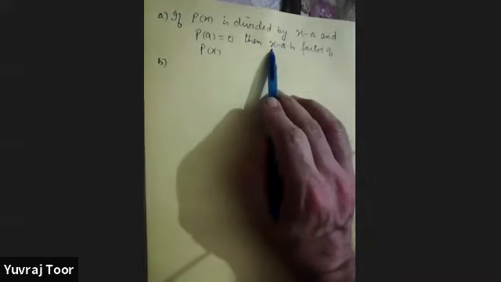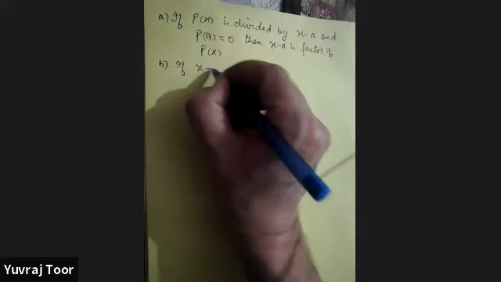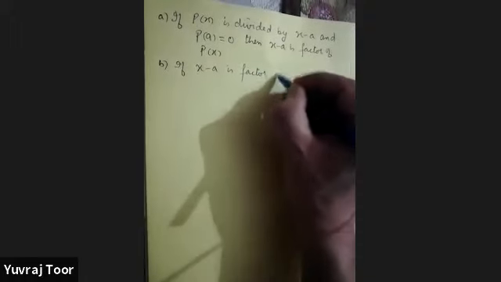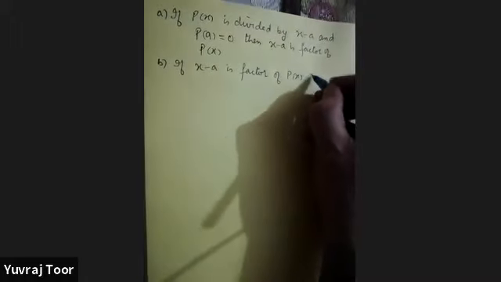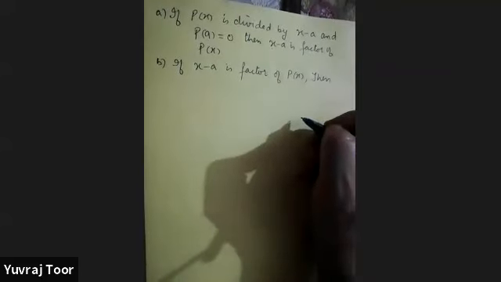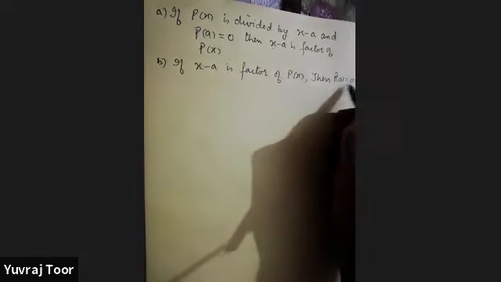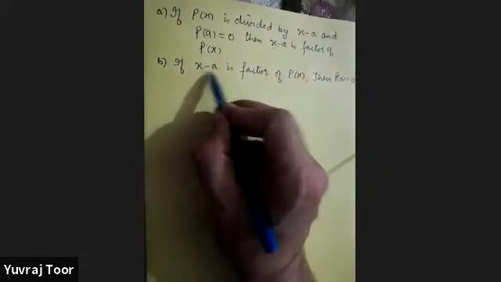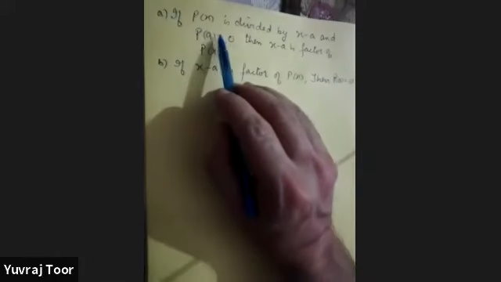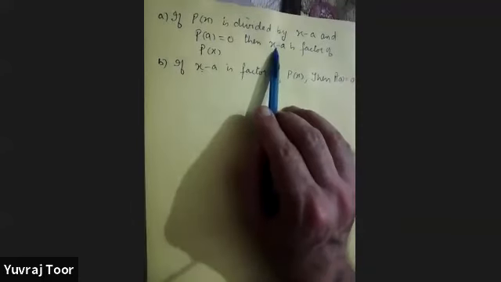This is one version. The second version says if x minus a is a factor of p(x), then p(a) is equal to 0. That is a result you can use directly when they say it is a factor. When you divide and you get 0, then you declare that as a factor.